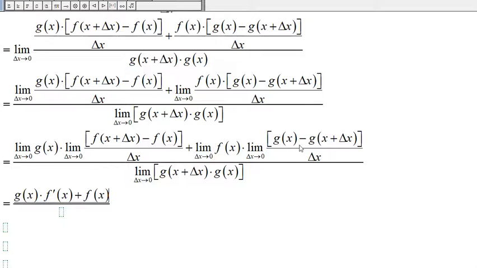And then by definition, this is the derivative of g of x. So that's g prime of x. And then the bottom, we have delta x going to 0. And so this would be g of x plus 0, which is g of x. And so we get g of x times g of x, which is just g of x squared.